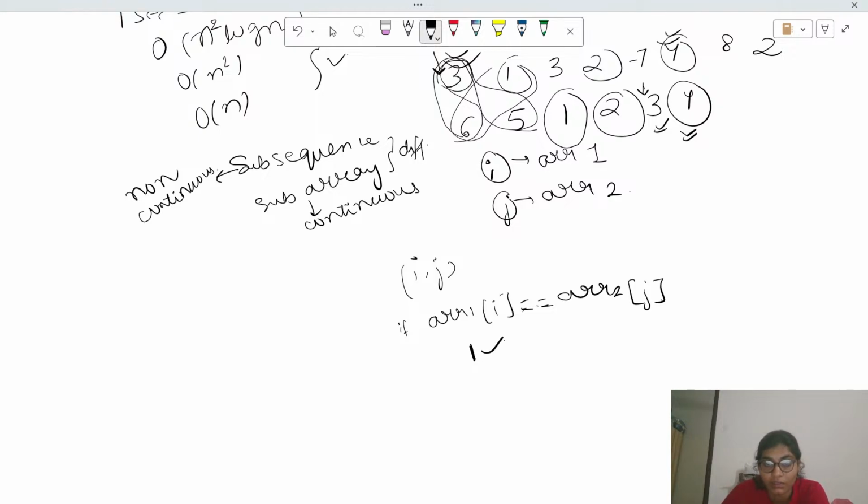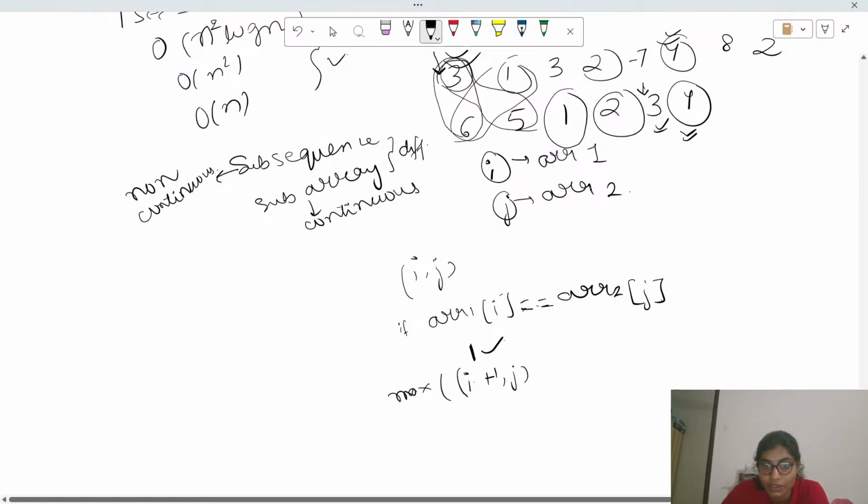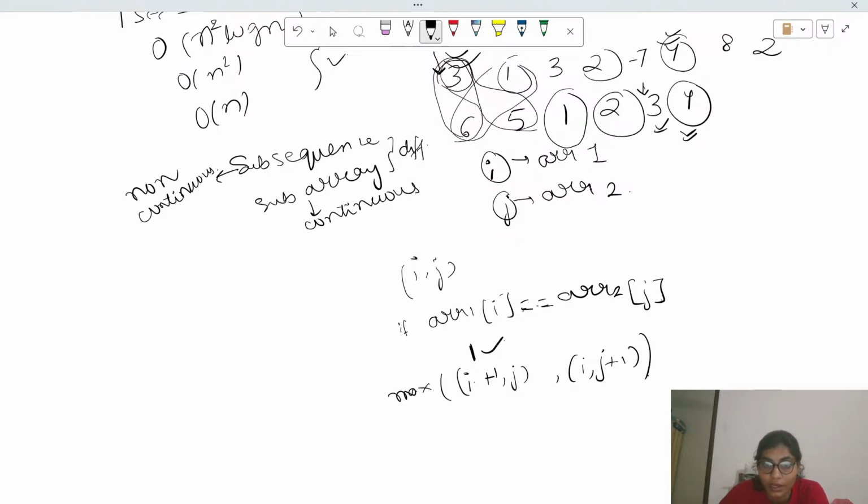If they are not equal, we have to take the maximum of i plus 1 comma j and i comma j plus 1. And this we considered i comma j, so we also have to take 1 plus i plus 1 comma j plus 1. The maximum of these three is the answer, right?